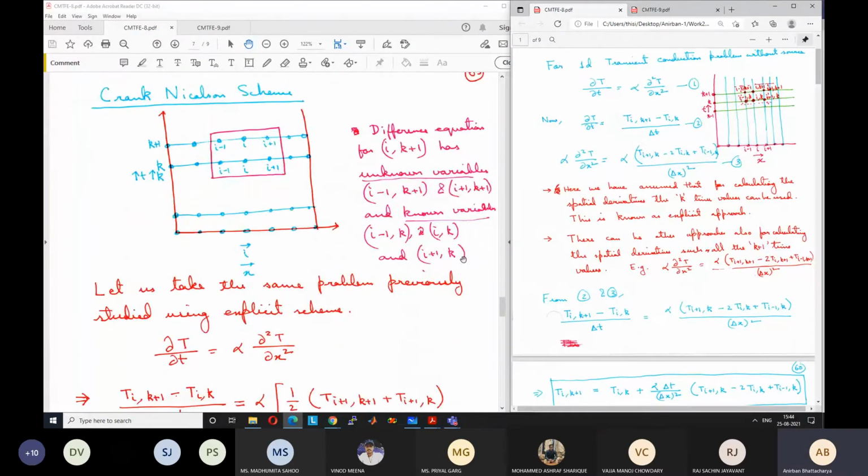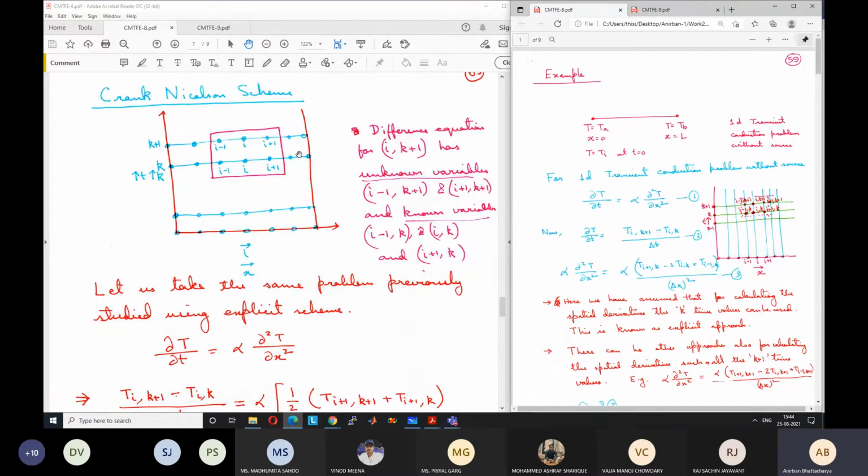So we started discussing the Crank-Nicolson scheme, the same example but with the Crank-Nicolson scheme. Any questions from the previous class discussion? Because we will continue the same discussion today. No questions. Okay.